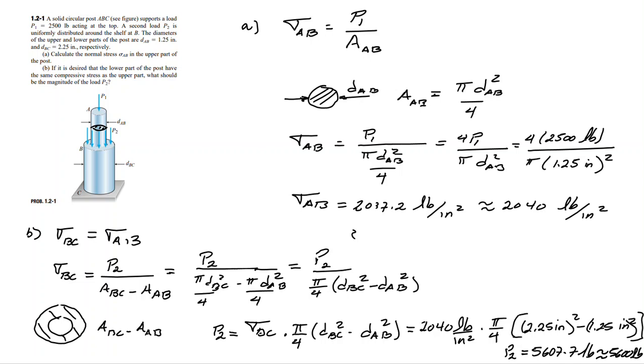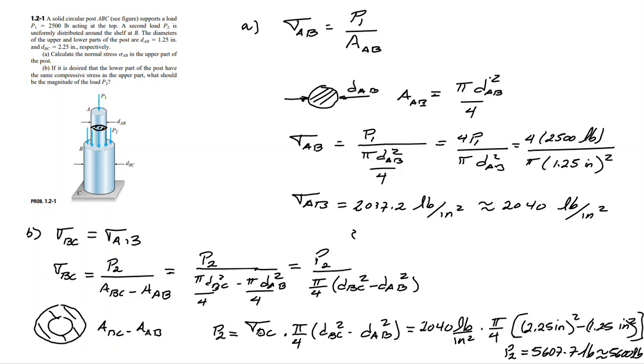And that would be the magnitude of P2, which is a distributed force, right? That is going to be the magnitude of P2 if we want to have the same stress in the region AB as in the region BC.